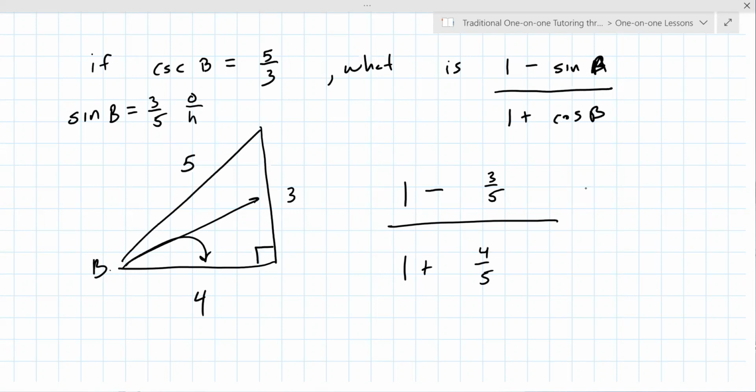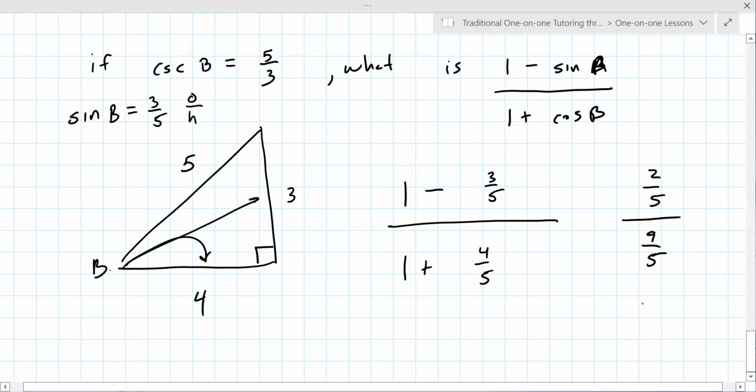Okay, so let me check here. So this is 2/5 over 9/5. Yeah, it's 2/9.